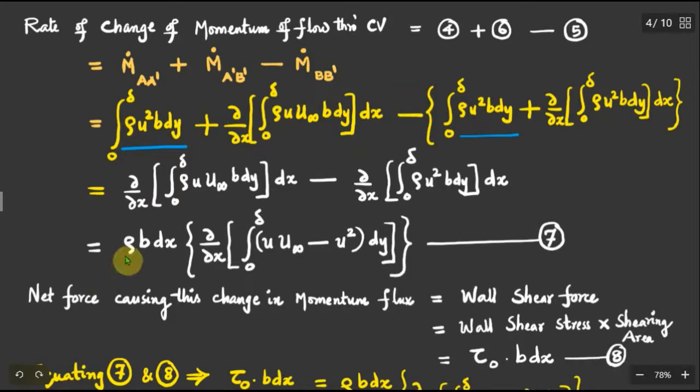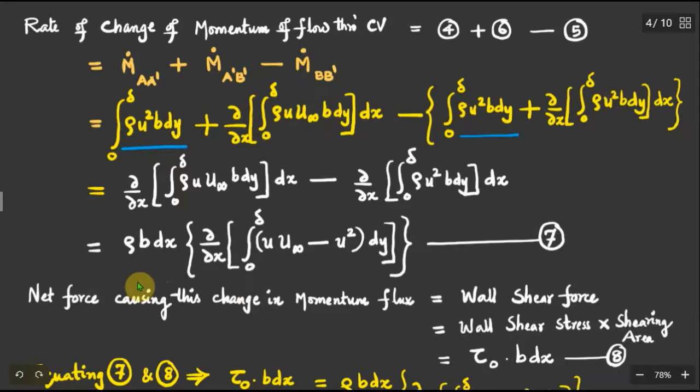So rho b into dx into dou by dou x of the integral 0 to delta of u into u infinity, minus the integral 0 to delta of u square dy. This is the expression you will get for the rate of change of momentum of flow through the control volume. Let it be equation number 7.